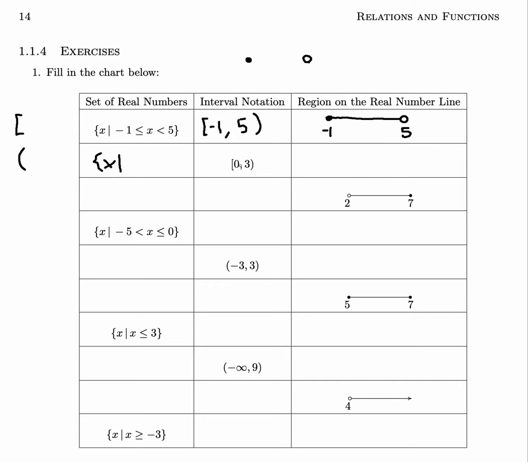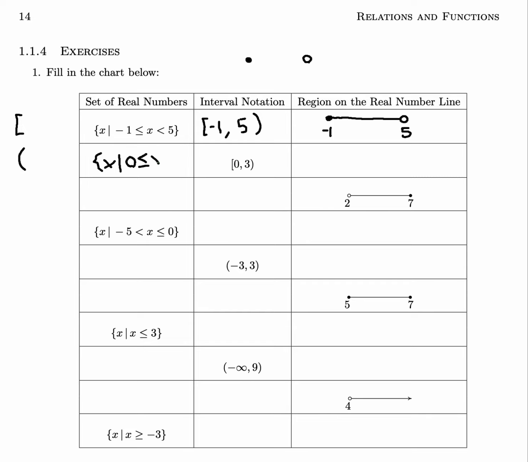So if you look at the interval notation right here, it's square bracket 0, comma 3, and then parentheses. So that means 0 comes first. And if you see a square bracket, that means it's going to be 0 is less than or equal to, and then x, that would be in between these two values.